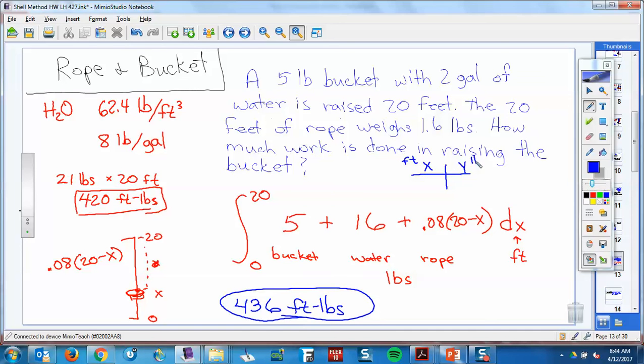This is going to be pounds. When I've pulled up 0 feet of rope, how much does the rope weigh? 1.6. When I've pulled up all 20 feet of rope, I have 0 pounds.